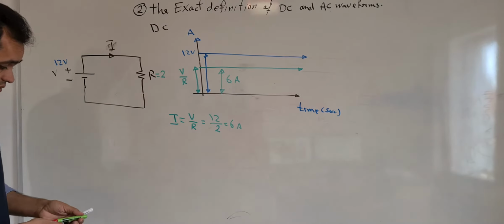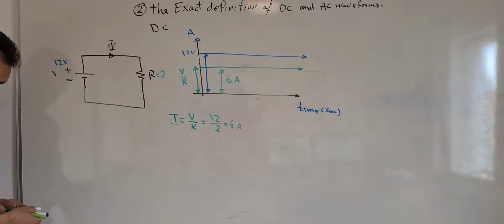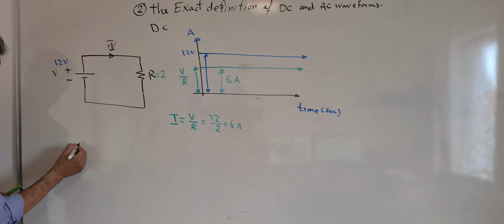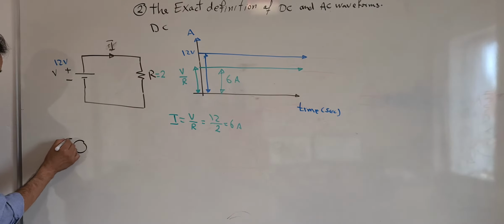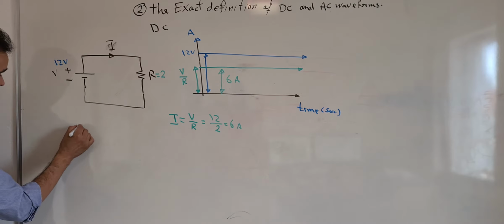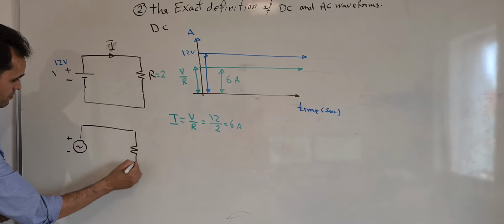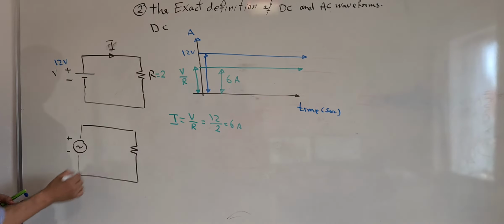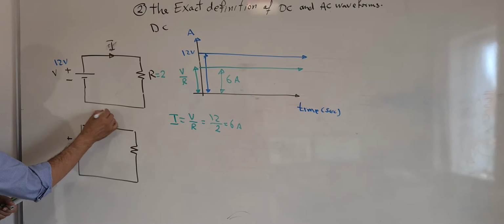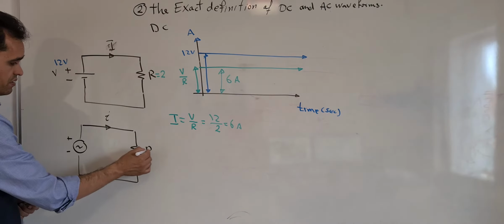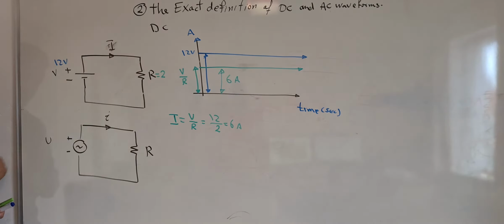Now, if we substitute that with the AC, if we substitute the power source with an AC source, let's see the difference between them. The current will be small i, the resistor is the same, and the voltage will also be small v. But the way we write the voltage, it becomes v of t, equal to sine omega t.